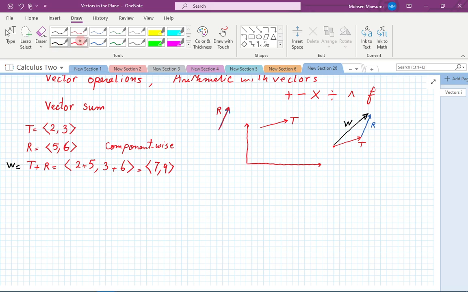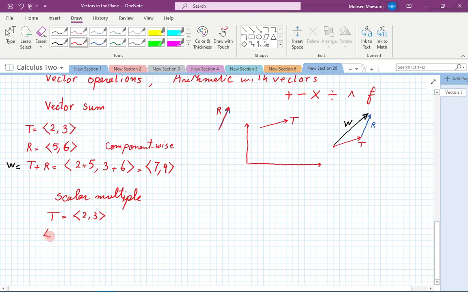Next operation that we have in mind is the so-called scalar multiple. Suppose I want to talk about 4t. Remember, t up there was 2 and 3. Who is 4t? Well, 4 times each component. So 4 times 2 and 4 times 3.